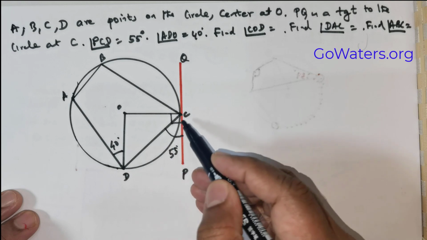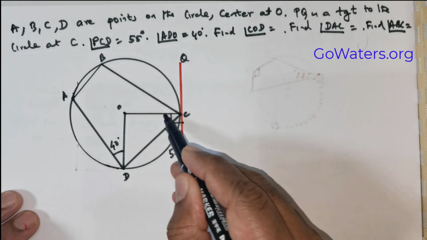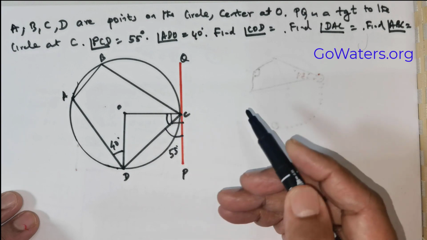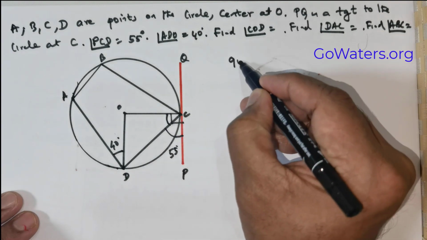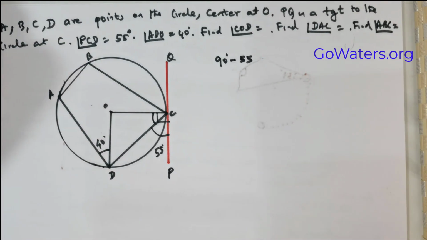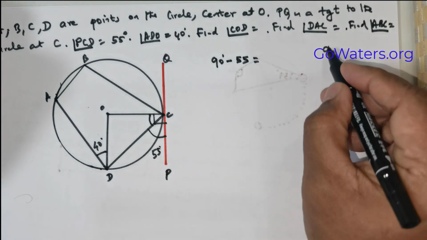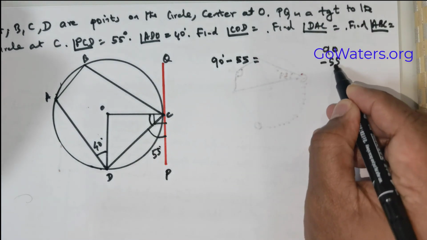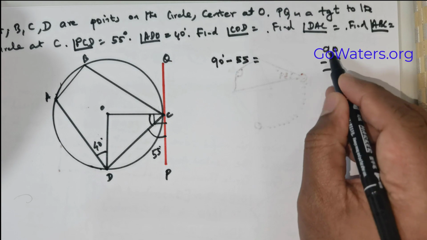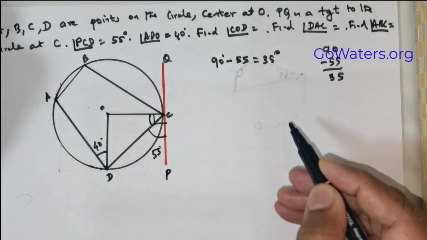So this entire angle is 90 degrees, and I want to obtain this angle. So what is this angle? This is nothing but 90 degrees minus 55. From 90 I am subtracting 55. From 80 you take 50, you get 35. So this is 35 degrees.